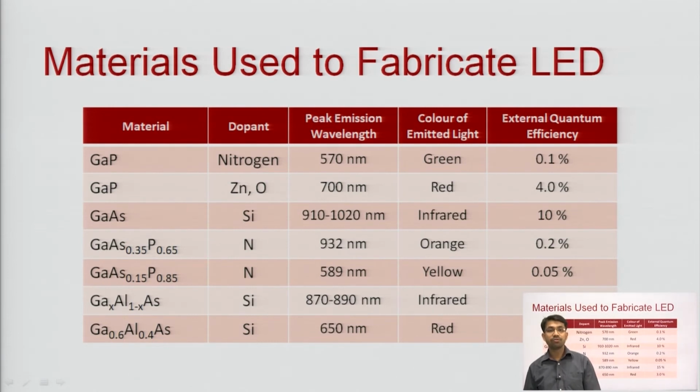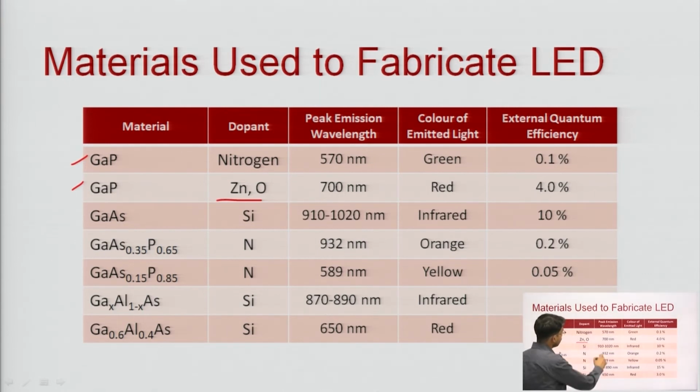Materials that are used to fabricate LEDs: there are various materials, gallium phosphide. Okay. So, doping, if we dope it with nitrogen, it will give green color light. If we dope it with zinc or oxygen, it will give red color light. Okay.